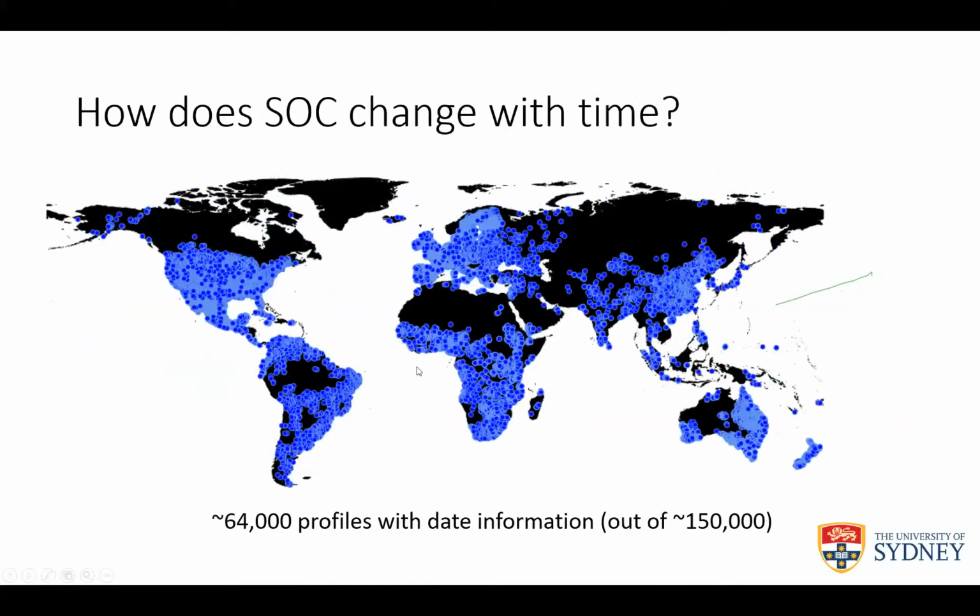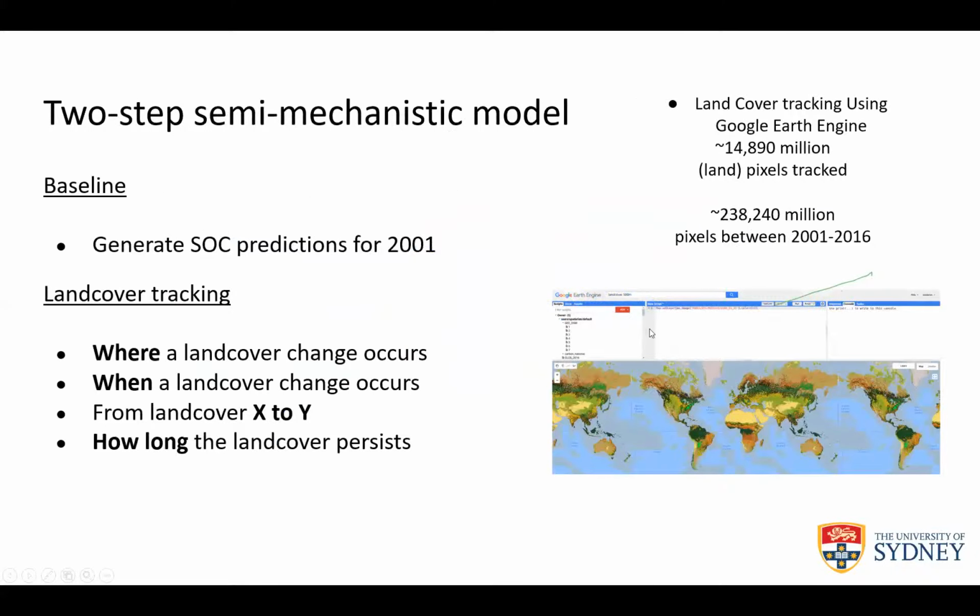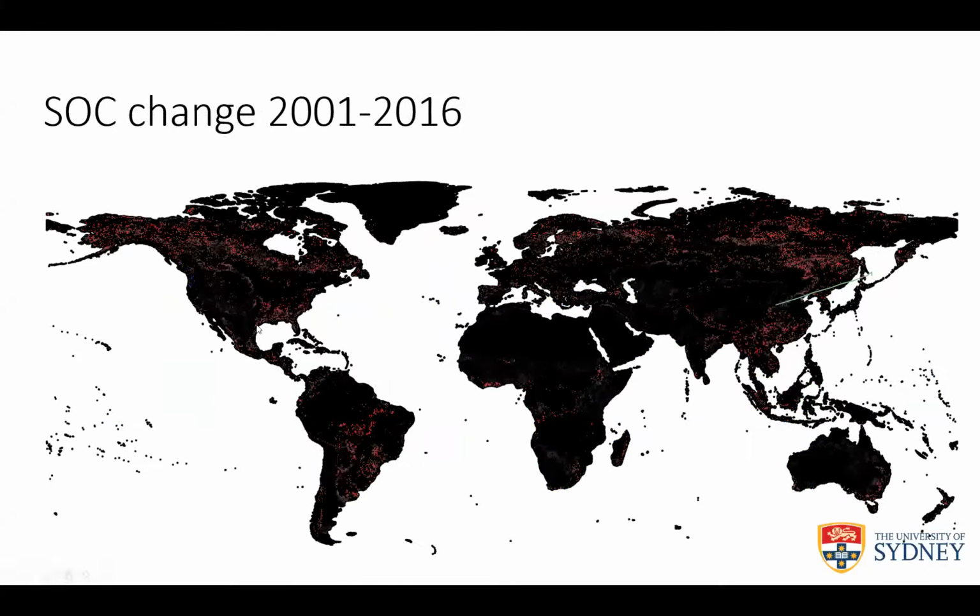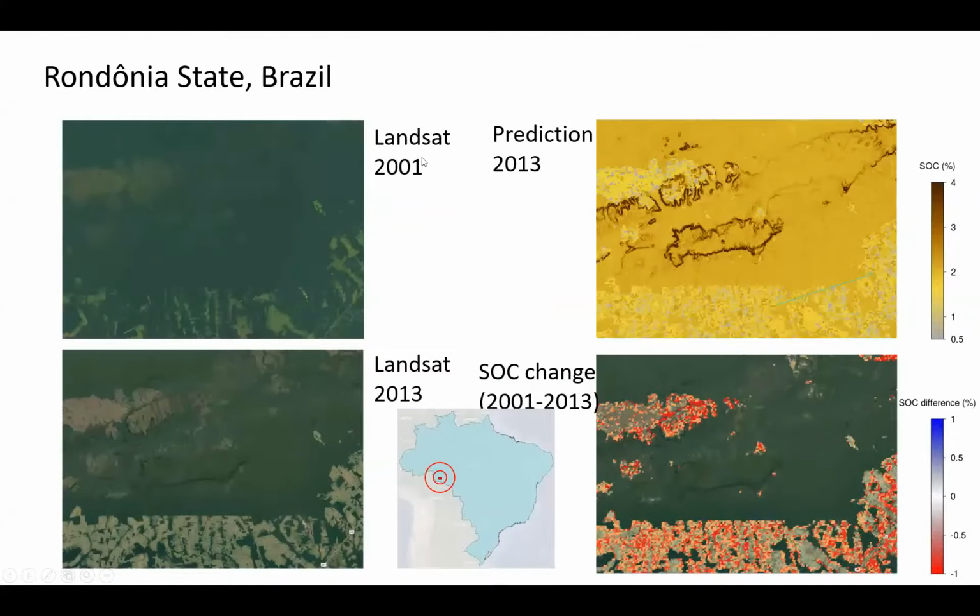But we also look at how the soil carbon changes with time. To do that, we did modeling by looking at how the land use has changed. By looking at 2001 to 2016, we calculate where the area has changed from native vegetation into cropland.